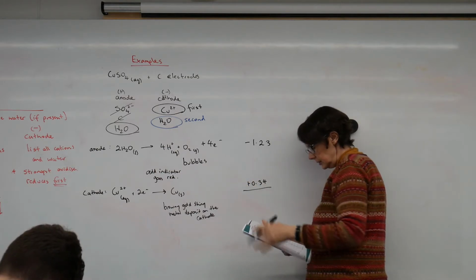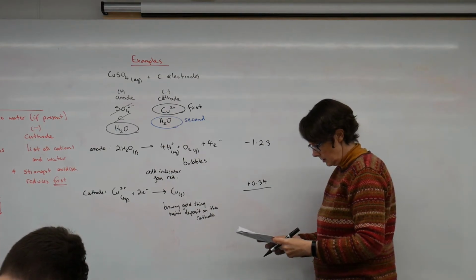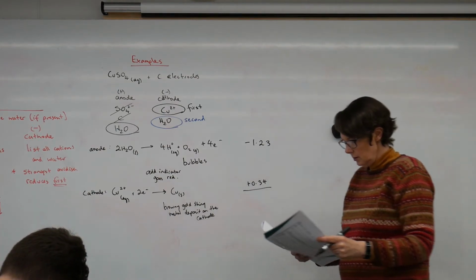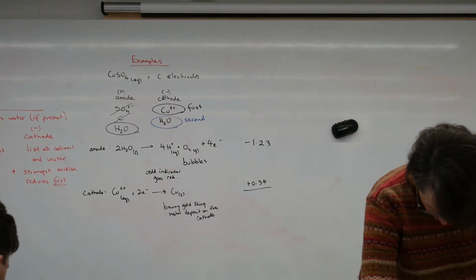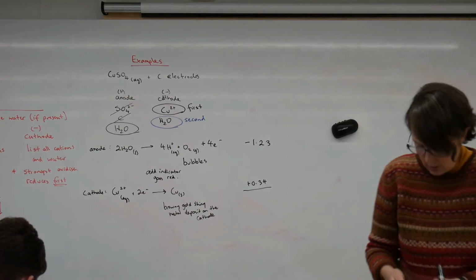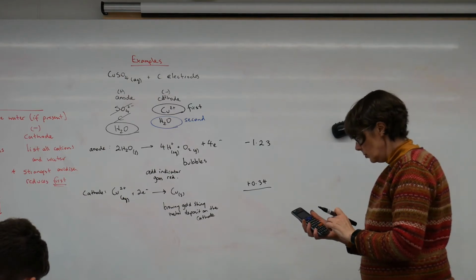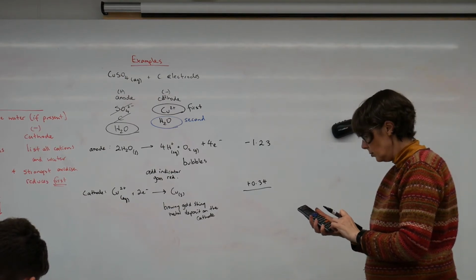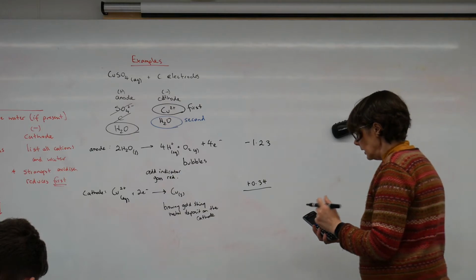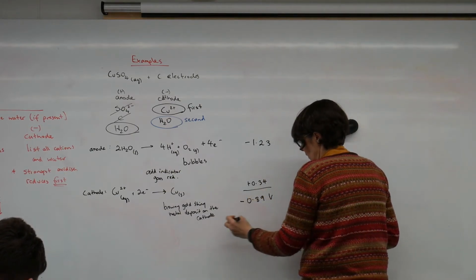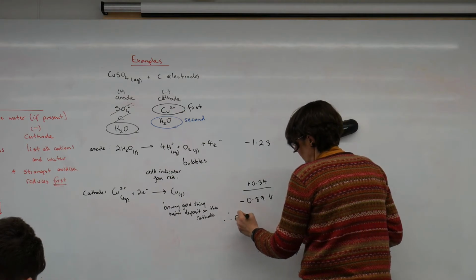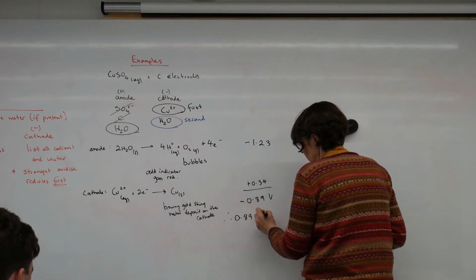So when we add these together, it's actually incorrect in the booklet there. It should say 0.34 minus 1.23 gives us negative 0.89 volts. So therefore 0.89 volts is required.